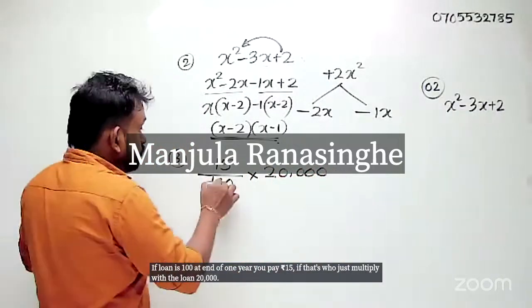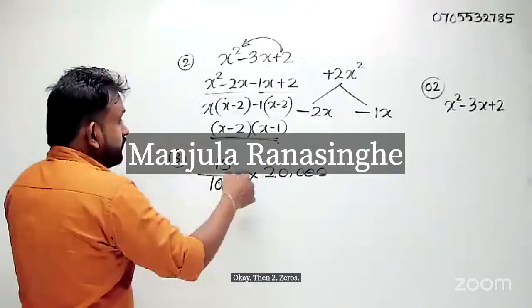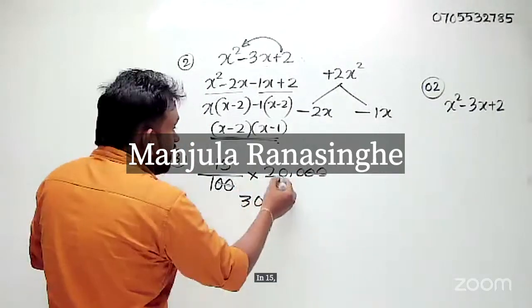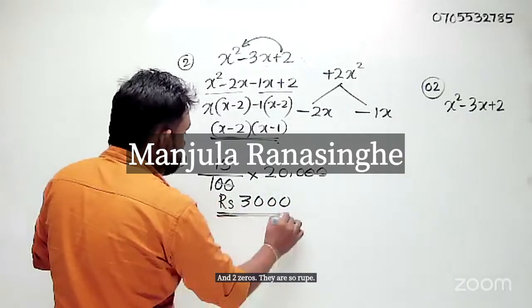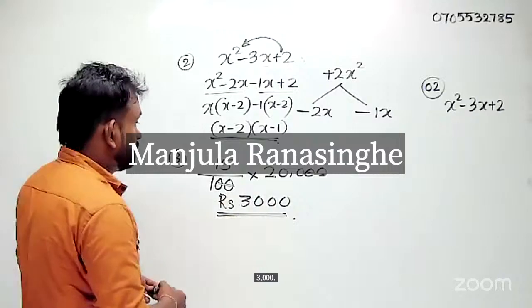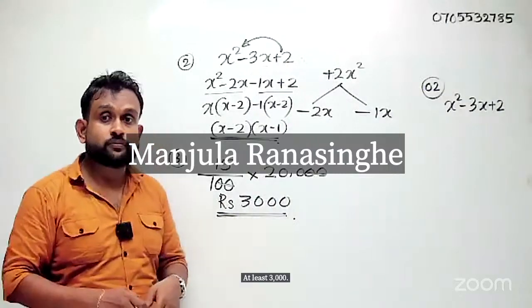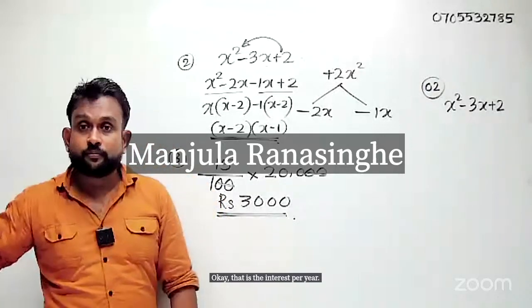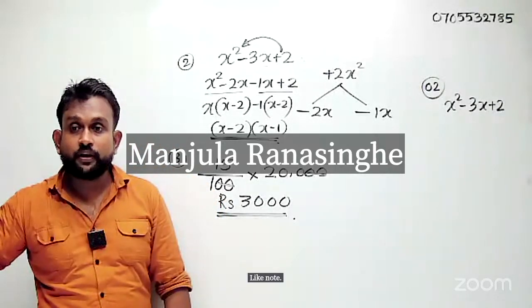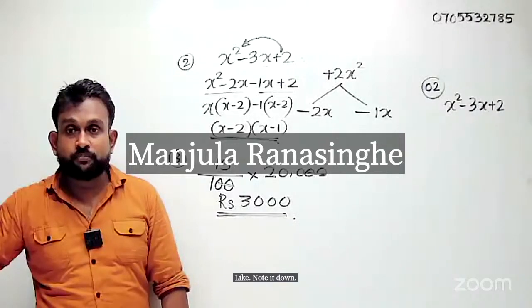Two zeros are cancelled, then 15 into 2 is 30, and two zeros there. So rupees 3,000 is the interest per year. Note it down.